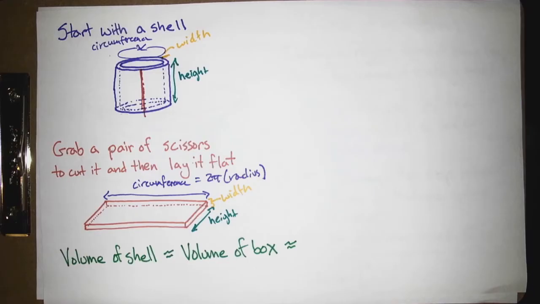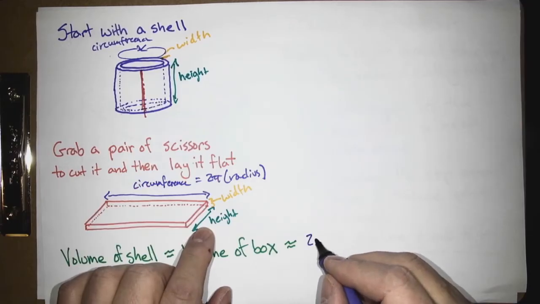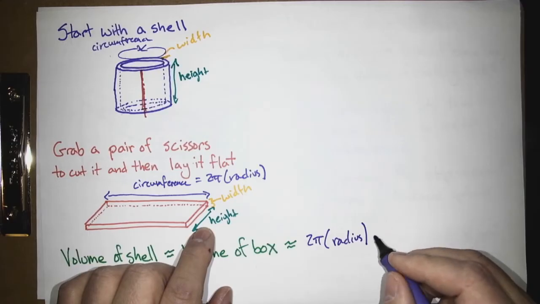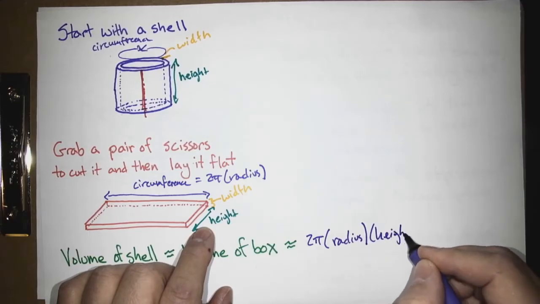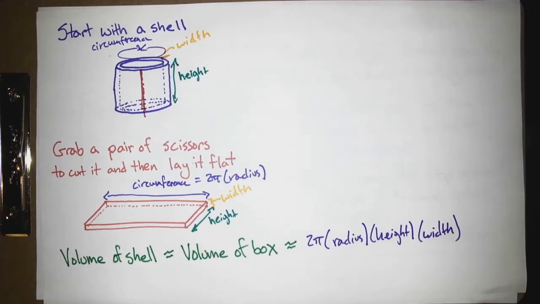All right, so now what's the volume of our box? Well, we just multiply these things together. So 2 pi times your radius times your height times your width. And there we have our shell. Now, is it exact? No, it's an approximation.